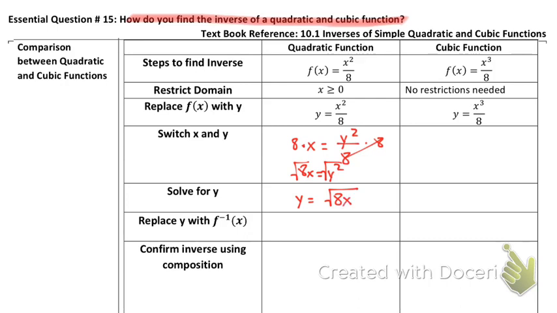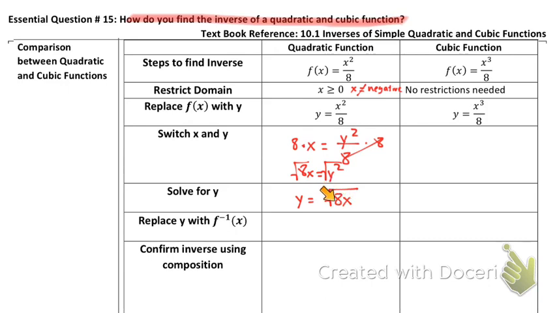8x. Okay? So now I'll actually introduce why we do a domain restriction. What this domain restriction is saying is x has to be bigger than 0. So in other words, x cannot equal negative numbers. And the reason for that is if you look at this equation here, if x is a negative, that means we are taking the square root of a negative number.